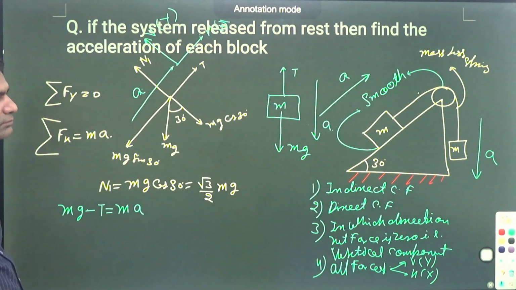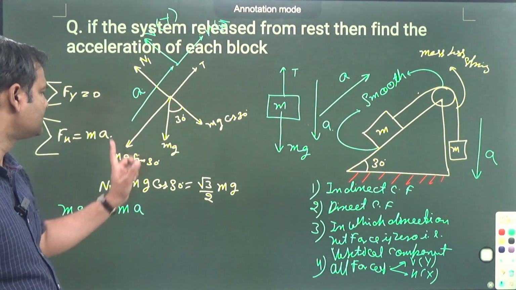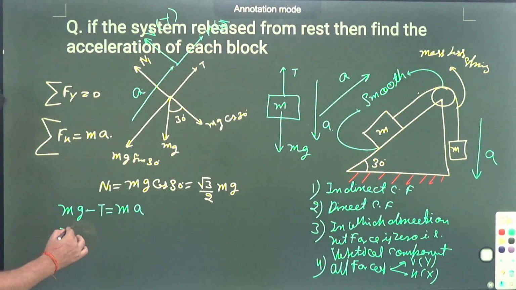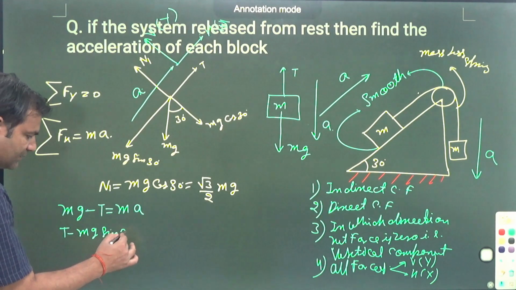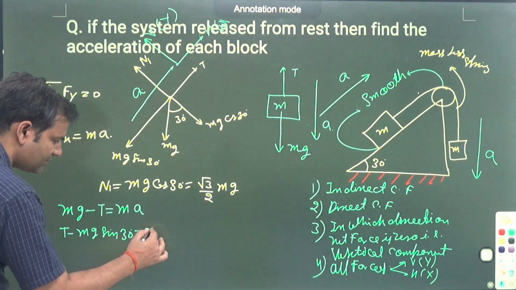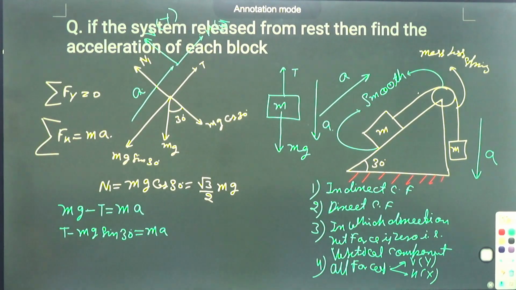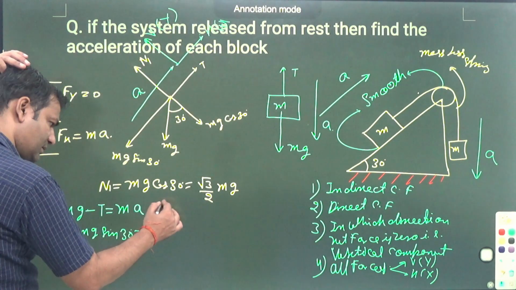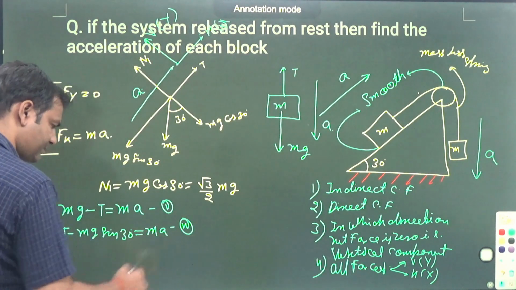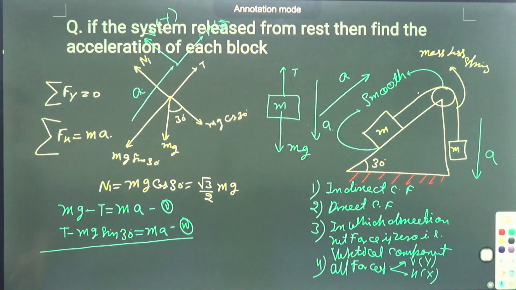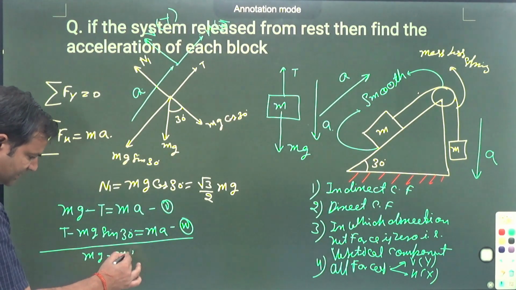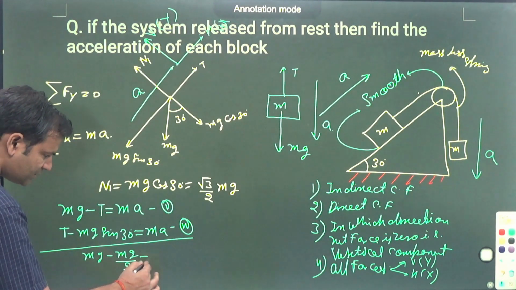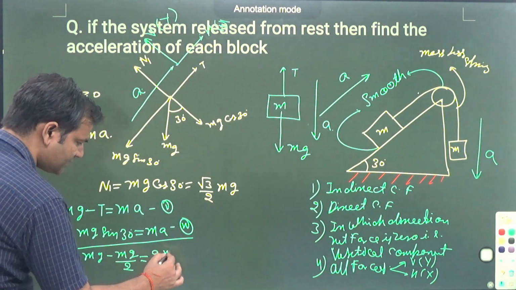Now here, T minus mg sin 30 is equal to m into a. This one is equation number 1 and that is equation number 2. If both are added, mg minus mg by 2 gives 2m into a.